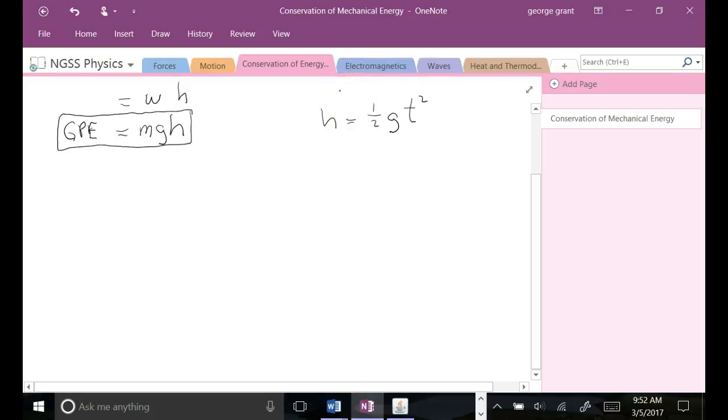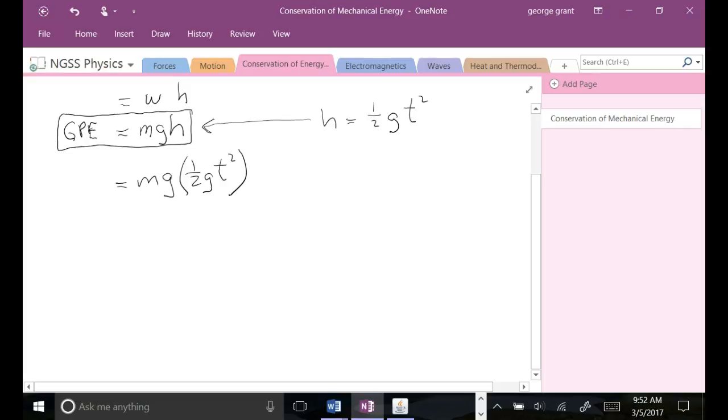So what we're going to do is we're going to plug this into here, and we're going to get mg times 1/2 gt squared.